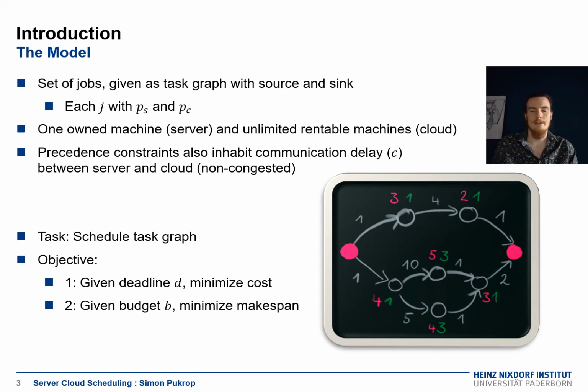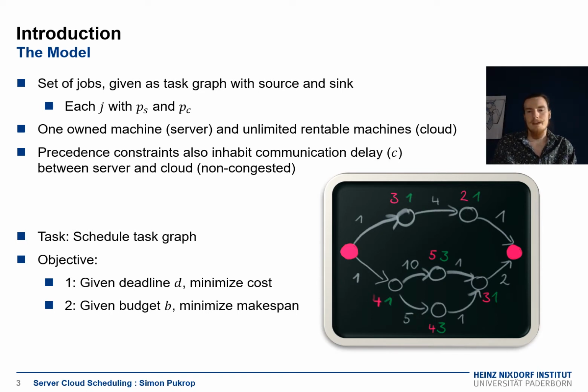The edges of the task graph are precedence constraints, and those also carry some communication delay C, which is always incurred whenever we switch between one machine environment and the other. So if we process some job on the cloud and then process the following job on the server, you have the communication delay between those two.